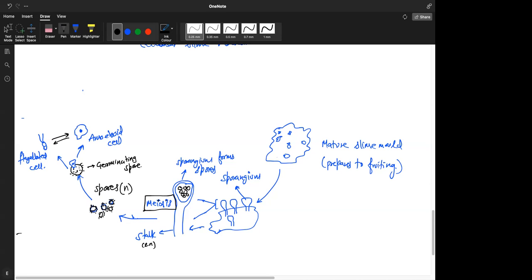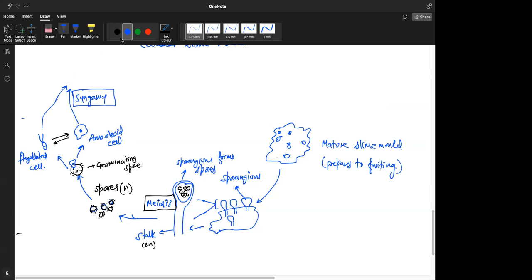Now these spores, when they germinate, can become either flagellated or amoeboid cells, and ultimately both of these undergo syngamy, fertilization. So half of the cycle is spore forming, and the other half is syngamy, the fusion of the two.